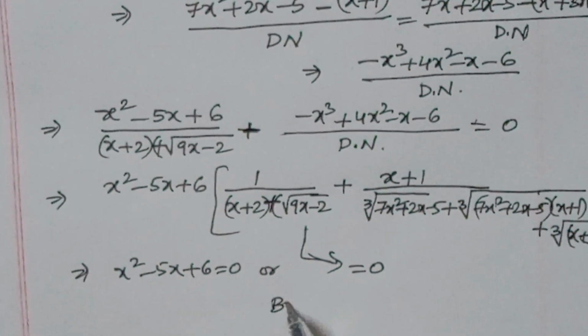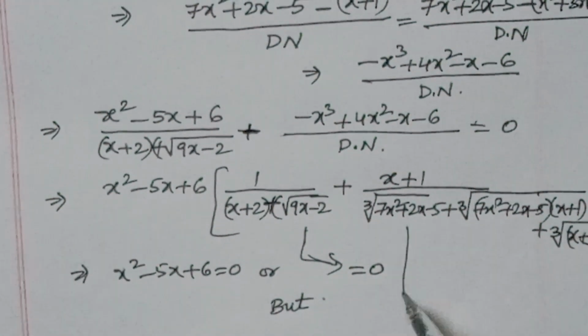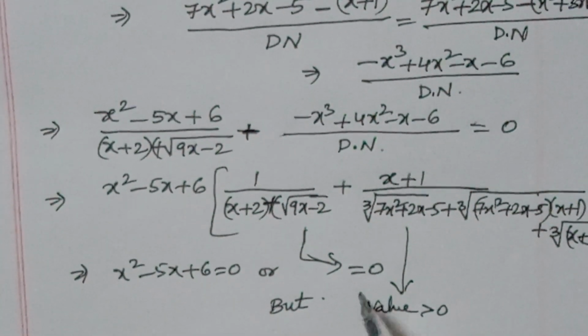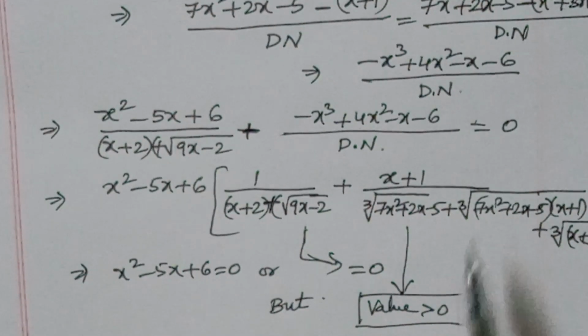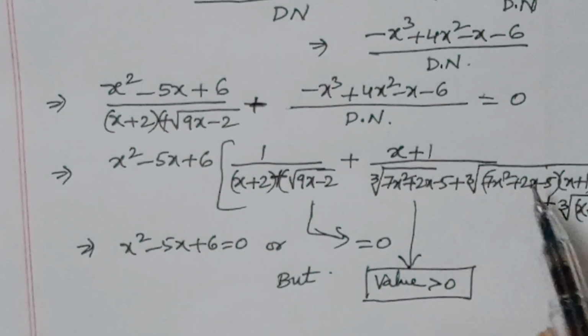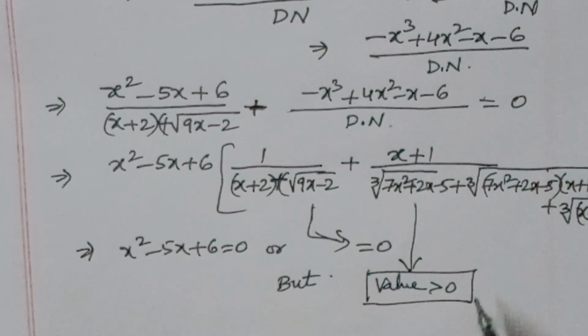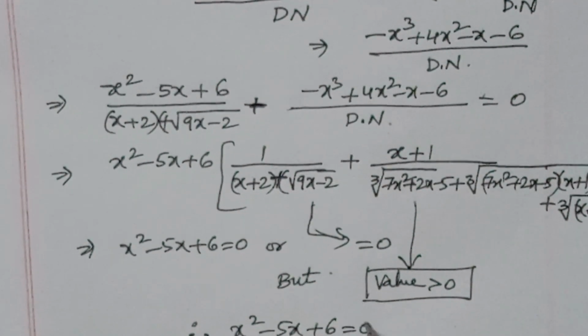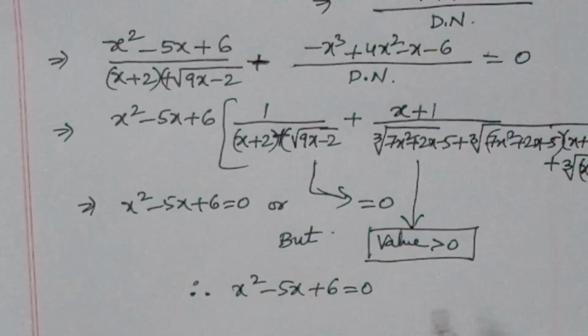But this value is greater than 0. Here the numerator is having 1 plus x, here 1 is there. The value is greater than 0. Therefore x square minus 5x plus 6 must be equal to 0.